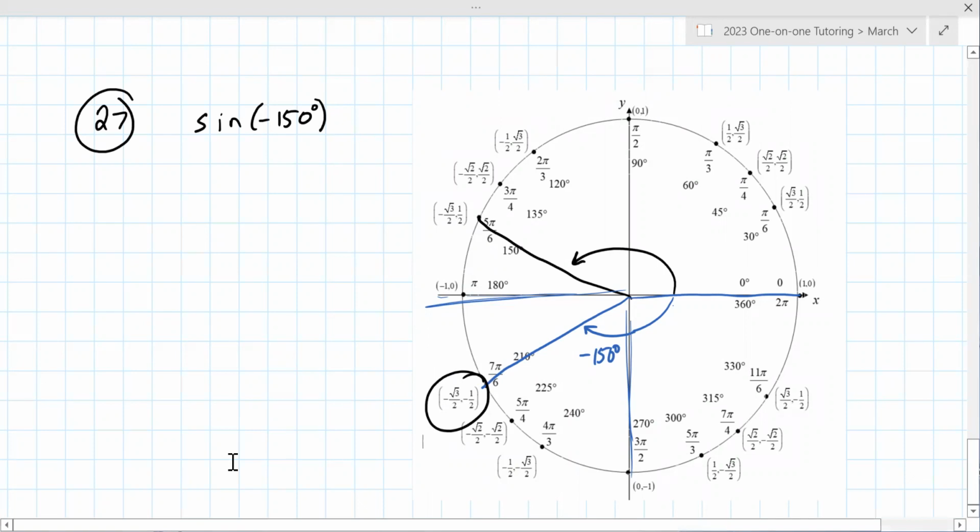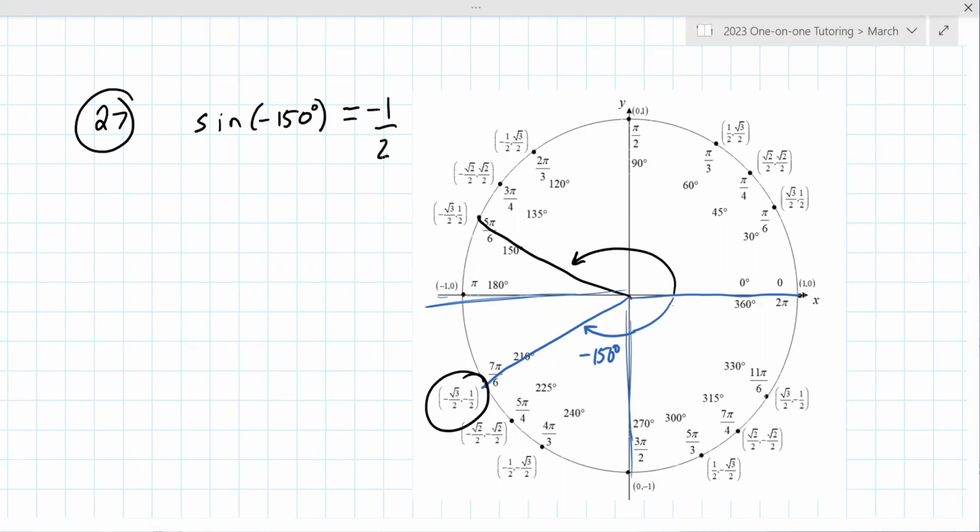This is the ordered pair here. -√3/2, -1/2. Sorry, I was looking at the thing above it. -1/2. Yes. Okay. There's a lot that goes into getting the answer, and the answer is very trivial. It's a very basic thing, but you have to know how to get there on the unit circle and then be able to read the point.